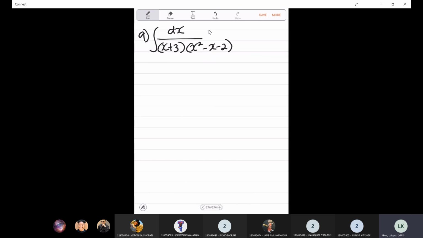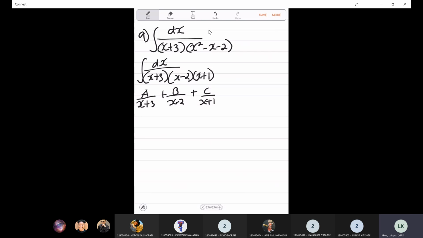So we have the integral of dx over x plus 3, x minus 2, x plus 1. And then when we break this down, we have a over x plus 3, b over x minus 2, and then c over x plus 1.